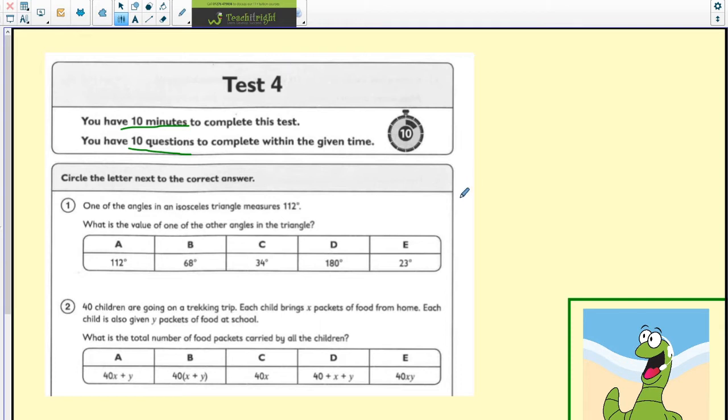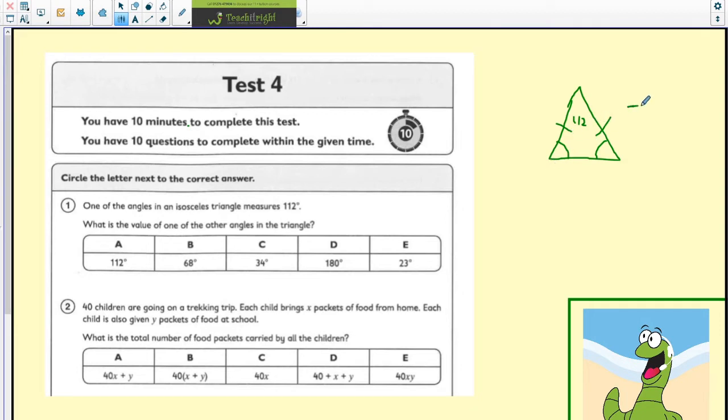Let's go through now test number 4. So, circle the letter next to the correct answer. One of these angles in an isosceles triangle is 112, and isosceles is one like this, where you've got two the same. So if this is 112, what are these two angles? Well, whatever they are has to be the same. That's the definition of an isosceles triangle.